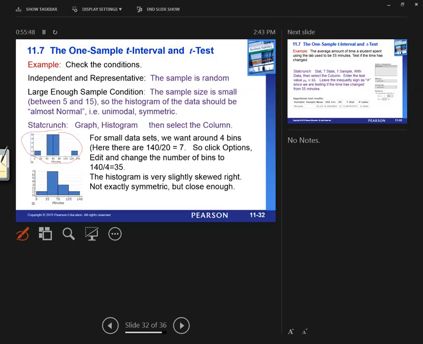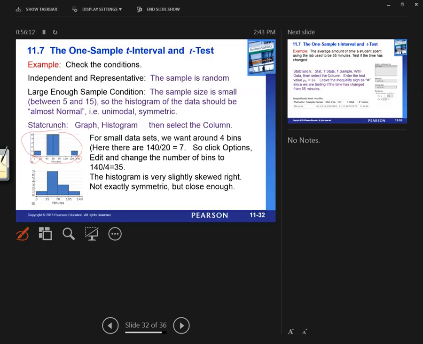All right, so I just went back in. I said, hey, I want 4 of these instead of 5. I want to see if it's symmetric or not. So I just figured out, I said, well, the minimum value on this is 0, and the maximum is 140. So I thought, all right, let's divide that area in 4. So half would be 70, and half of that, 35, should give me 4 bins, and it does.